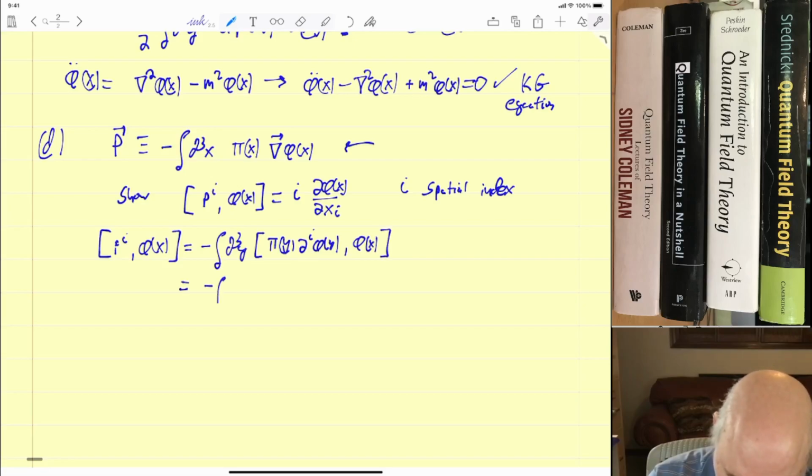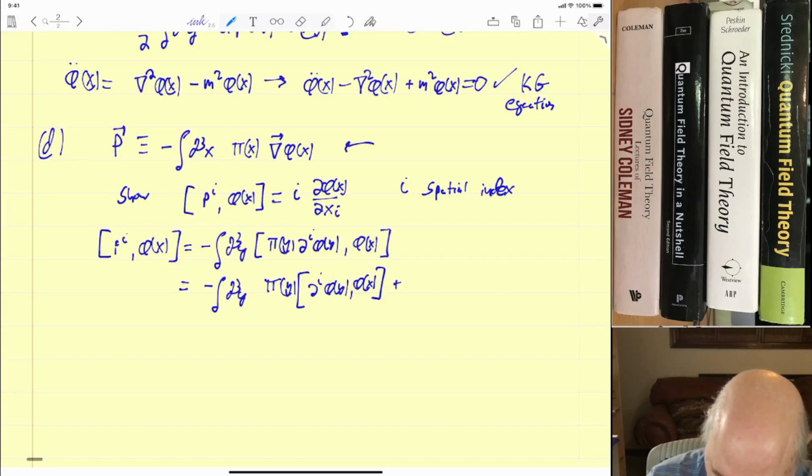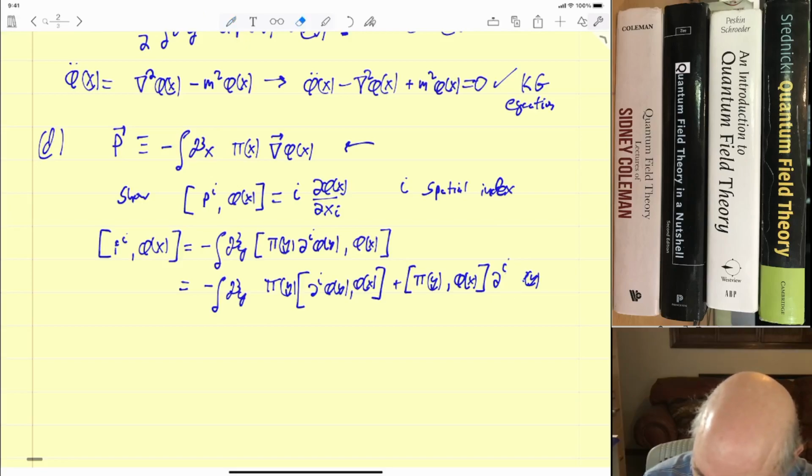Okay, this is equal to minus the integral of d3y, do the usual Leibniz rule. Okay, so this vanishes, as I said.